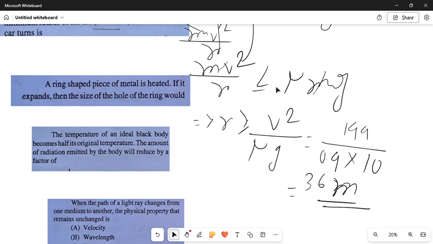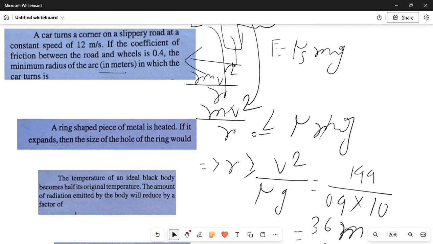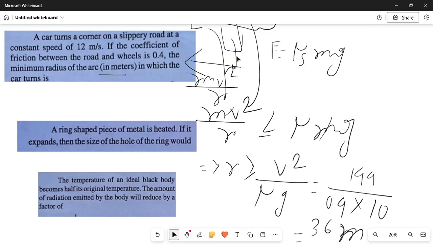Centripetal force is always less than or equal to the maximum frictional force between the tires and the road. The basic concept is that for moving in a circular path a car needs centripetal force, and the frictional force between the tires and the road provides it. Good.